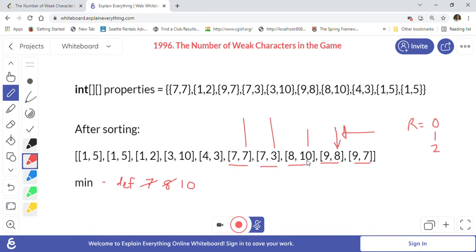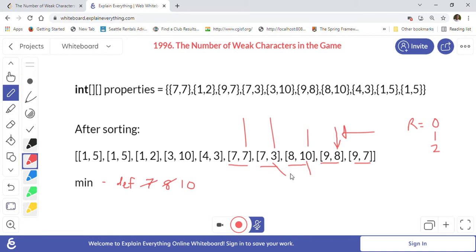When we see 3 is less than 10, which is our minimum value, it assures that this 7 comma 3 pair is a weak pair, because the first is definitely smaller than this 8, and the second is also smaller than the minimum value. The minimum value means the defense power we have seen so far while coming from the backward direction. That is why we have sorted the array in this particular fashion.